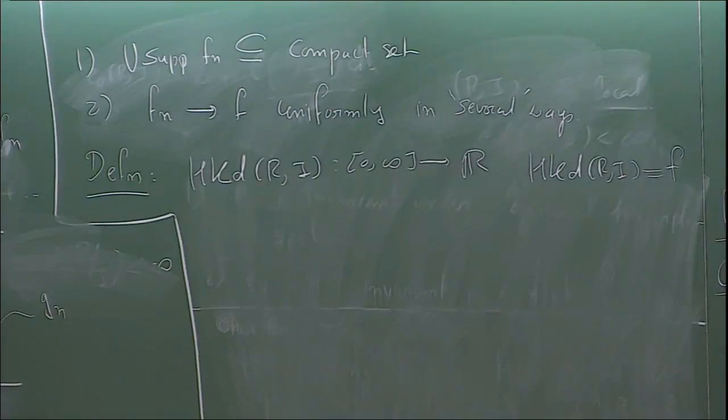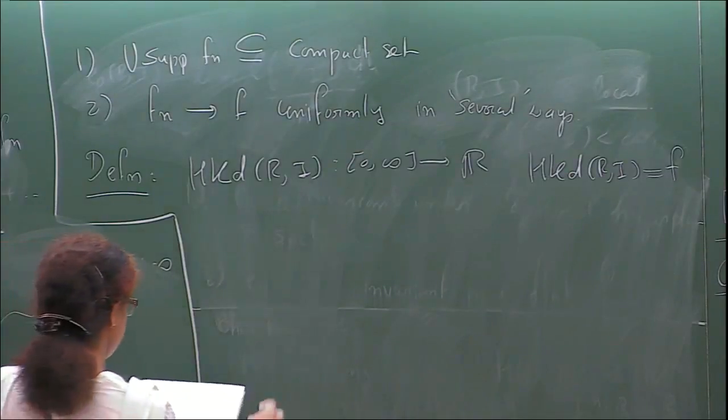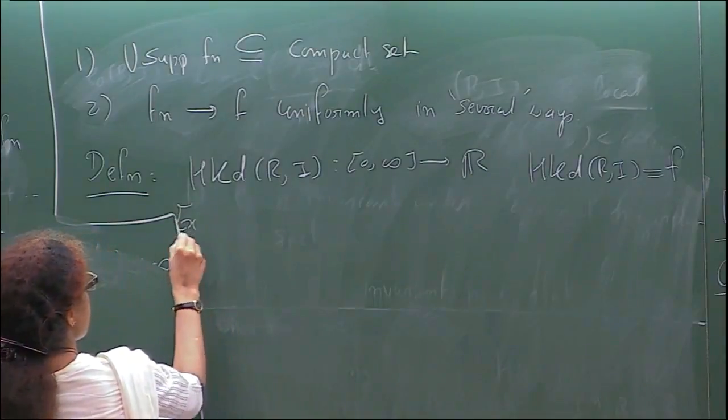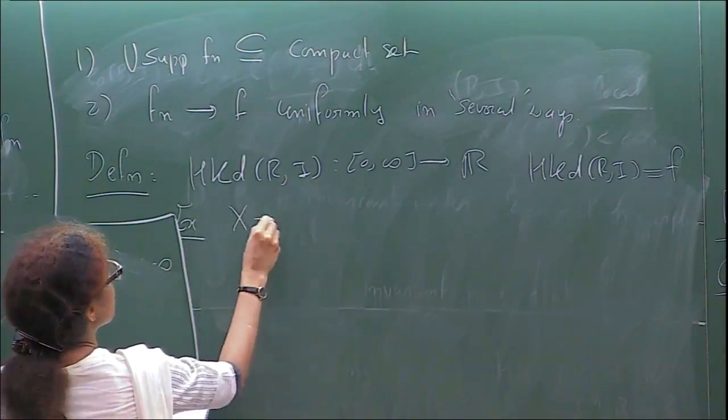So you have given a notion of HK density function for a pair (R, I), and for a pair (R, I) you had a notion of e_HK also. So e_HK we already know in the curve case. So what is the HK density function? Let X be a smooth curve.